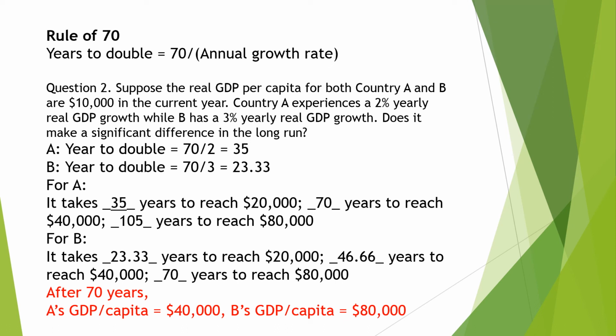It is double the size of country A. Therefore, in conclusion, even though there is only a 1% growth rate difference, in the long run it plays a very significant role.